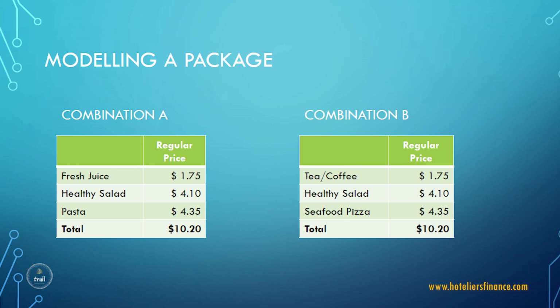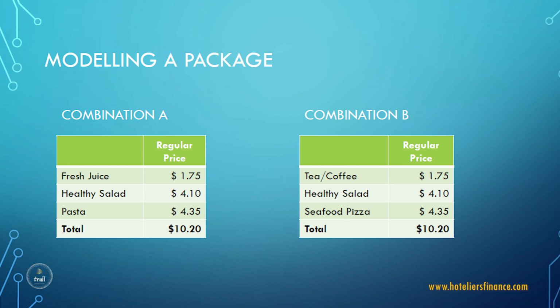So the total is $10.20 if somebody takes combination A. And then we also offer customers a combination B. Combination B is tea or coffee, healthy salad and seafood pasta. Again, the price comes to $10.20, same as combination A. So if someone chooses combination A or combination B, in both combinations they're getting different items. The fresh juice is replaced by the coffee or tea. Healthy salad, yes, it's there in both, and pasta is replaced by the seafood pizza.